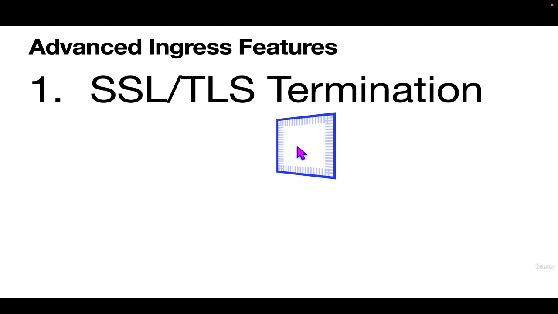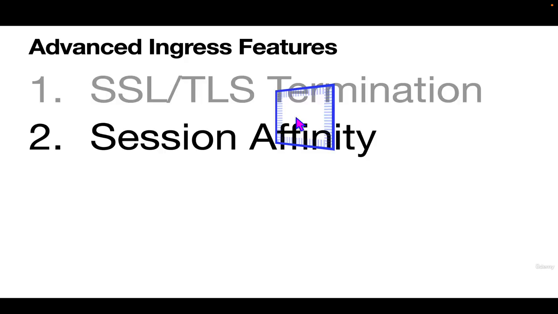Advanced Ingress features. Ingress can provide SSL/TLS termination, freeing up the work from the application and centralizing certificate management. Some Ingress controllers support session affinity, useful when you have stateful applications and want to direct a user's request to the same backend pod.